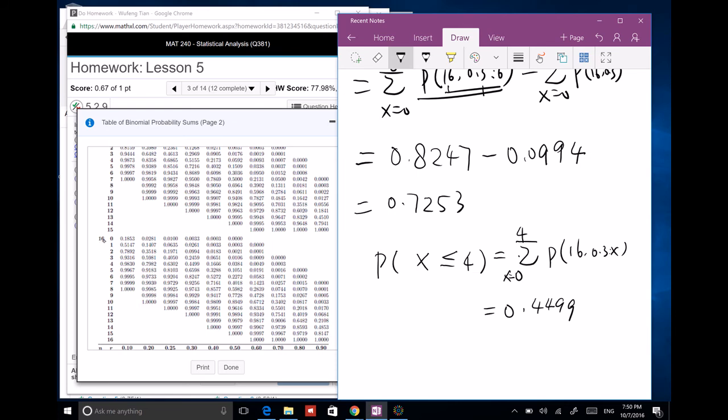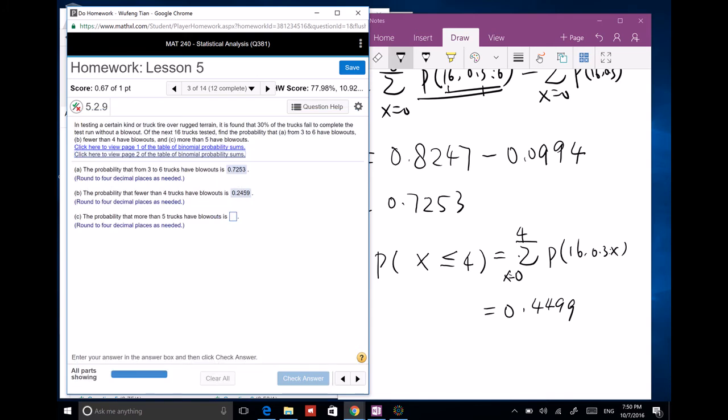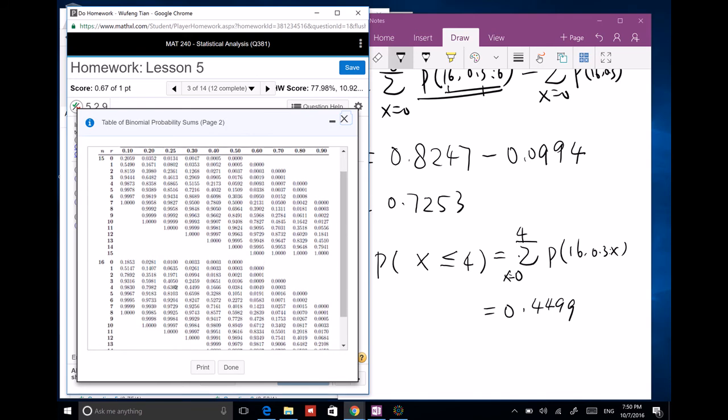You go to 16, then go down to 4, and it goes to 0.3, it's 0.4499. That's how I do this one. Wait, fewer than 4 trucks.